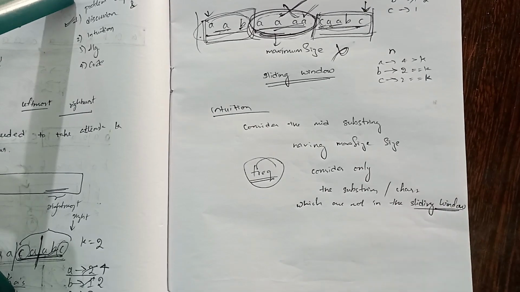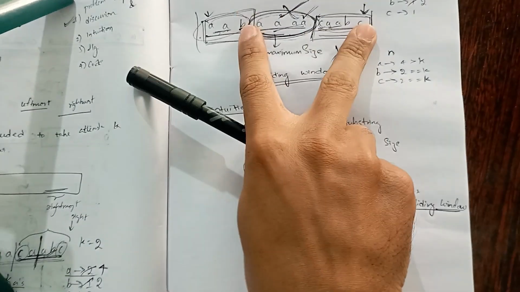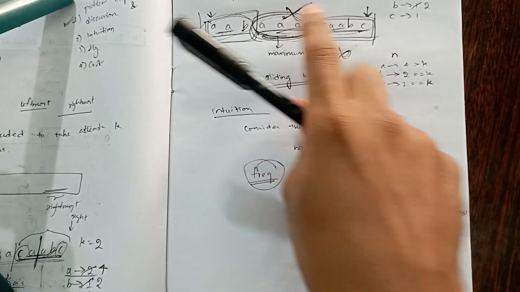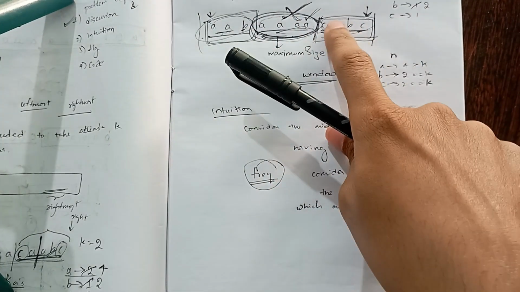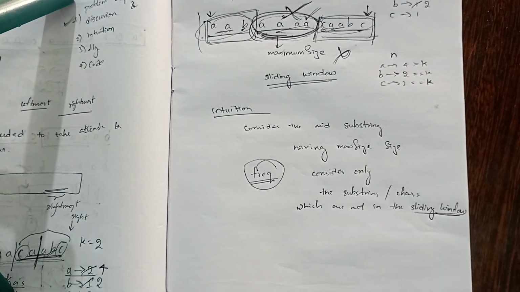So by considering only the frequency of these substrings, by removing this, you can know whether the other characters have a frequency greater than or equal to k.